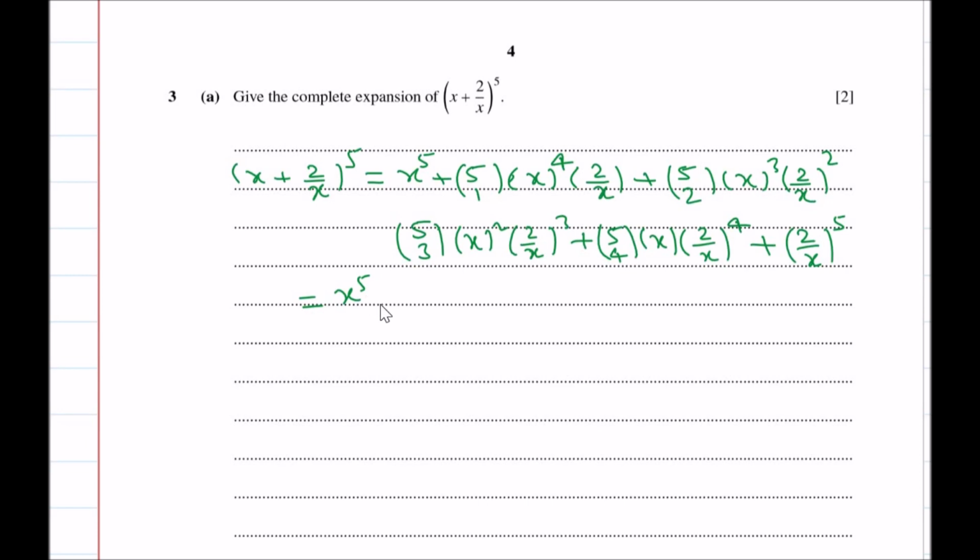You can put it in the calculator and you'll get 5, times x^4 times 2/x, plus 5C2. 5C2 is 10, 10 into x cube into 2 square is 4 and x square in the denominator, plus 10, 5C3 is also 10, so 10 x square into 2 cube is 8 and x cube in the denominator.